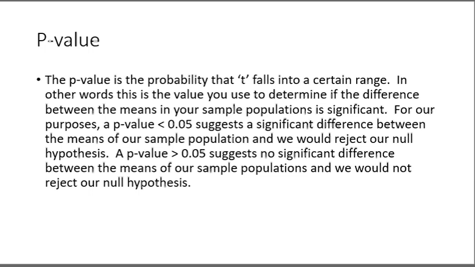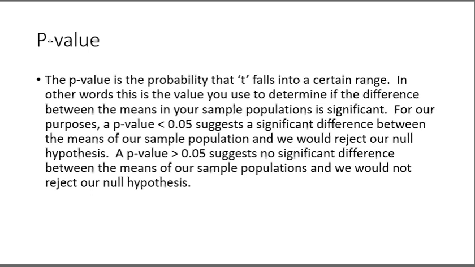This is the condition once we have the computed t-test p-value: if the p-value is lower than 0.05, this suggests a significant difference between the means of our sample populations, and we would reject our null hypothesis.